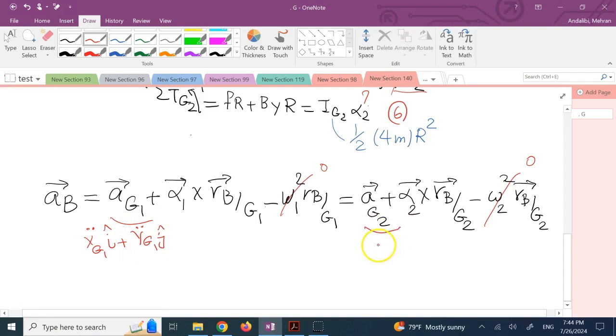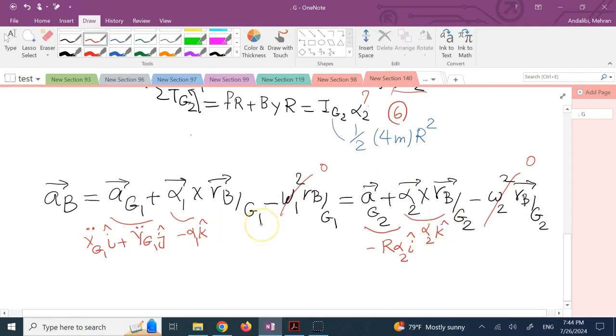For G2, it was similarly just negative R alpha 2 in the i direction. That was known. Alpha of member 1, remember, is clockwise, so it's simply negative alpha 1 times k. For member 2, it is counterclockwise, so it's positive alpha 2 times k.